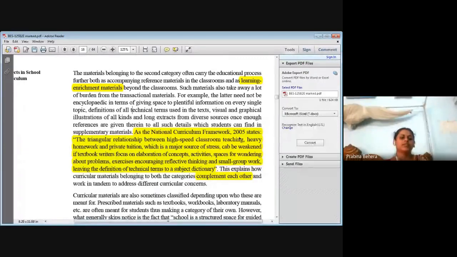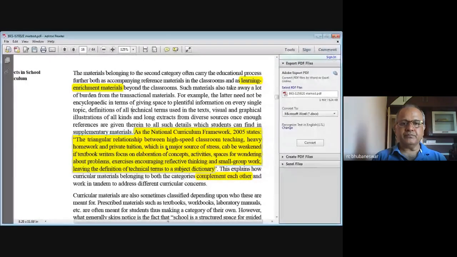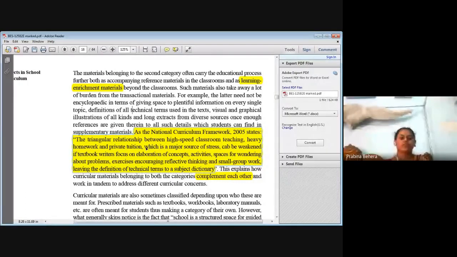As NCF 2005 states, there is a triangular relationship between high-speed classroom teaching, heavy homework, and private tuition. So in this case, there is a major role of this enrichment or supplementary material to tackle the heavy workload of school, tuition, homework, and classroom teaching.